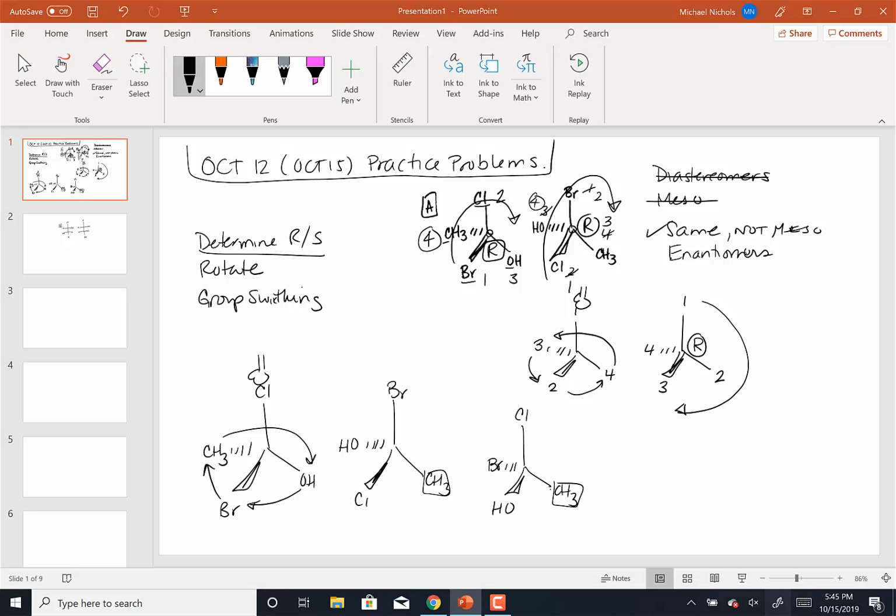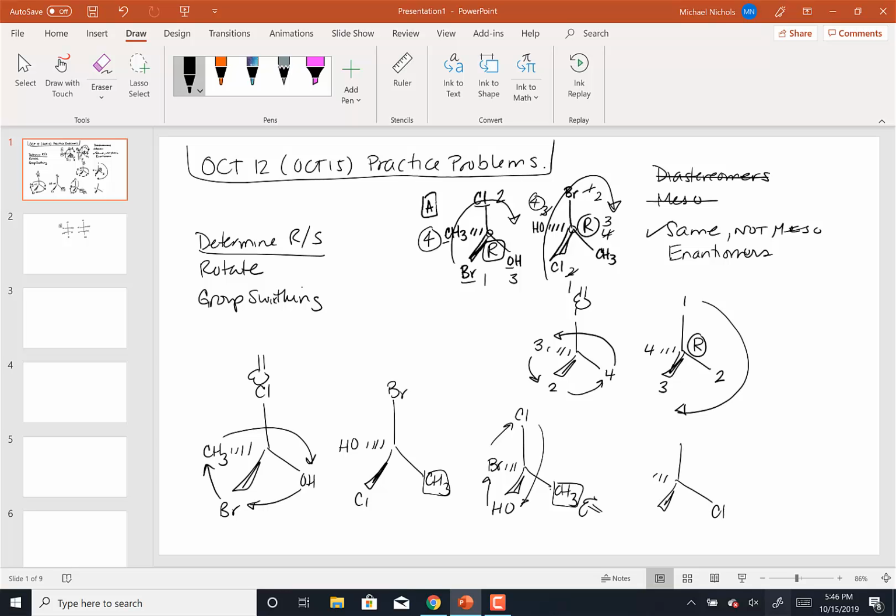Now, can I rotate this molecule and line up the Cl, the Br, and the OH? Let me take this molecule now, grab the CH3, rotate the OH to the back, the bromine to the front, the chlorine up front here, and what's that going to make?